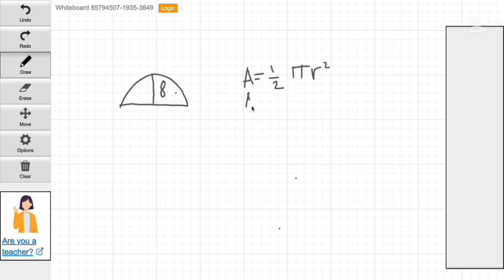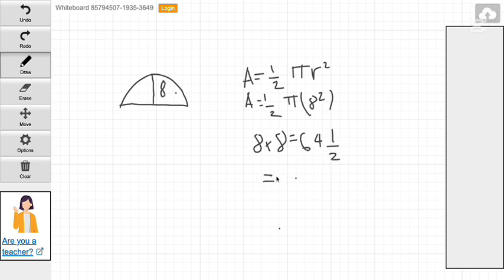So area is basically half of pi times 8 squared, and 8 times 8 equals 64, and then you want to half that again, and that's equal to 32. So in conclusion, area is equal to 32 pi.